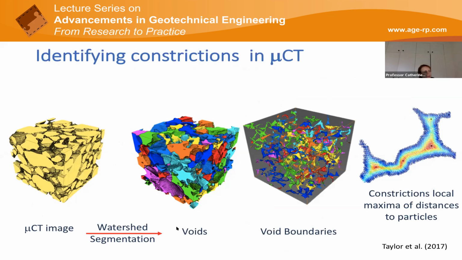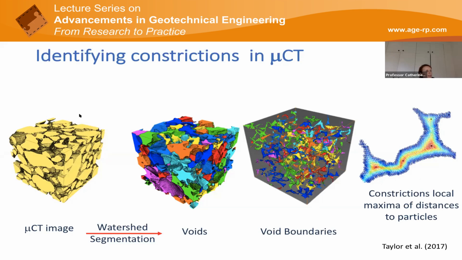We can apply our watershed segmentation, and we can use it to identify individual voids. Once we know those voids, we know where our boundaries are, and we can get a map along a constriction of the distance from every point to the nearest particle, and the local maxima we take as being our constrictions.